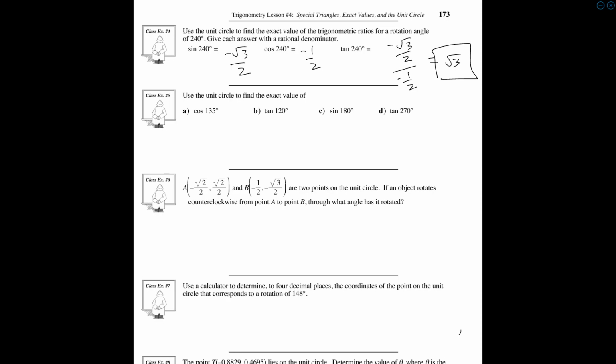So let's start trying class example number 5 questions, see if we can move. Ready?